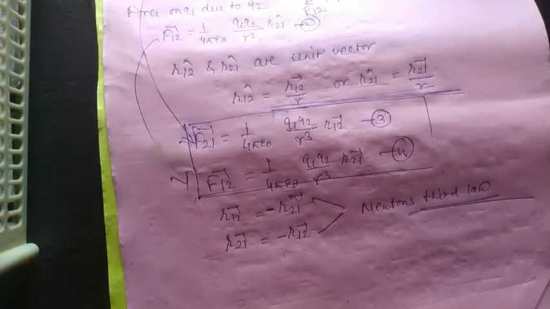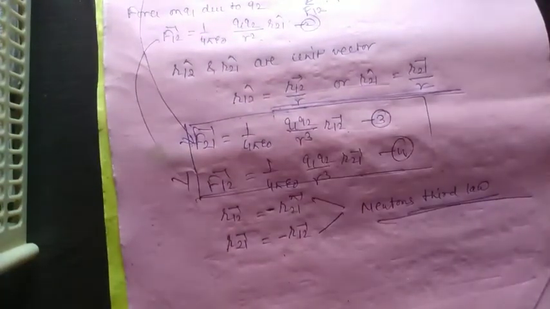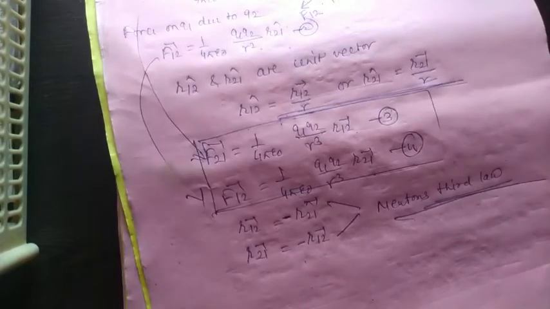Finally, we can say that the vector form of Coulomb's law also holds Newton's third law. Clear?